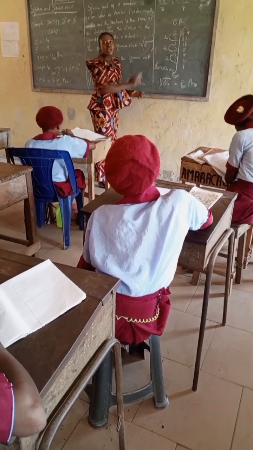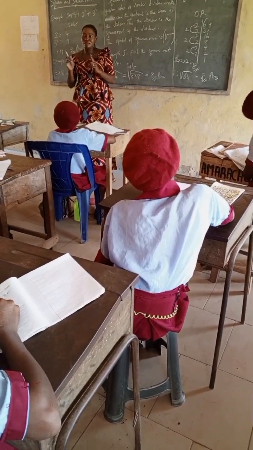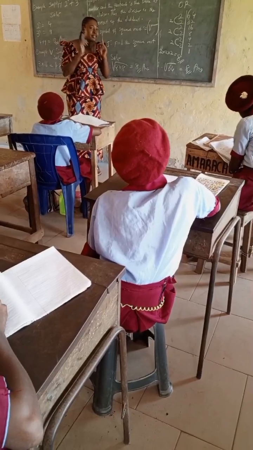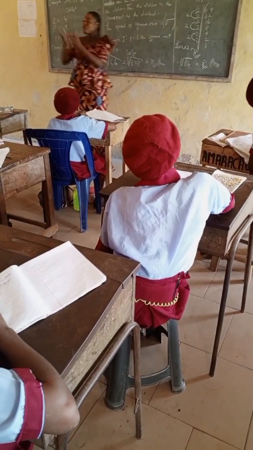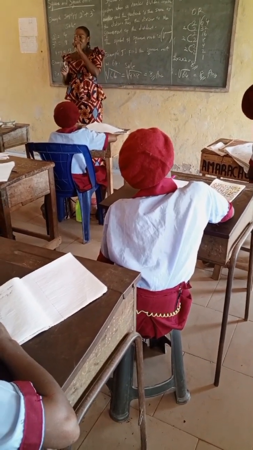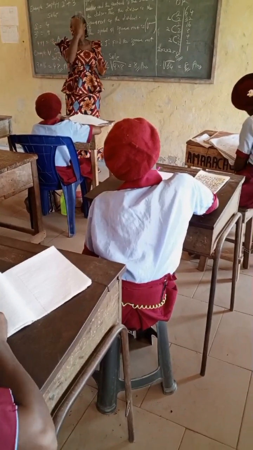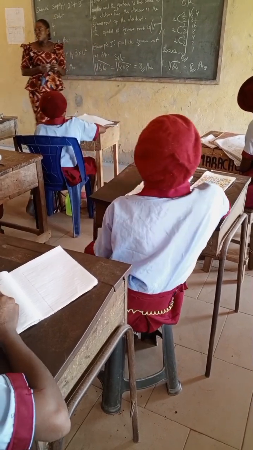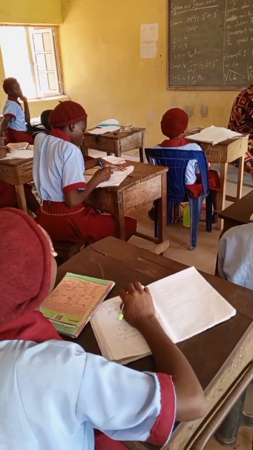Another 2 will be 1. And it must be the same number. You can have 5 and 5. You can have 3 and 3. But it must be the same number and you call it 1. Then after, you multiply it and you get your answer. Any question?